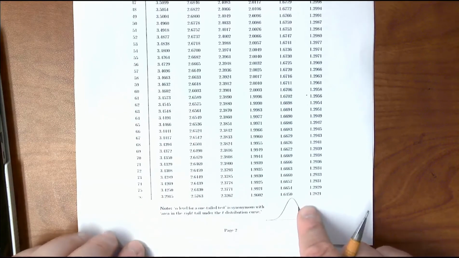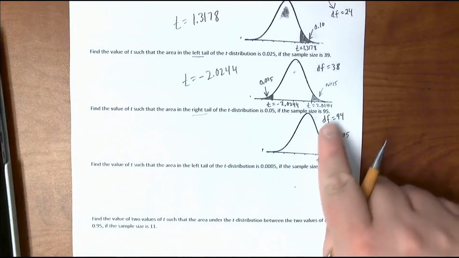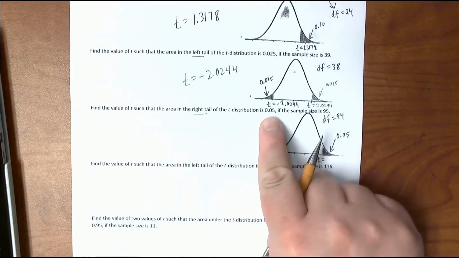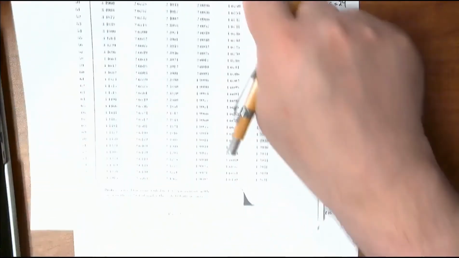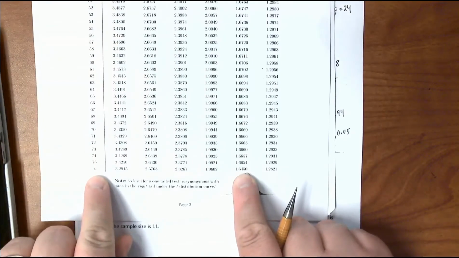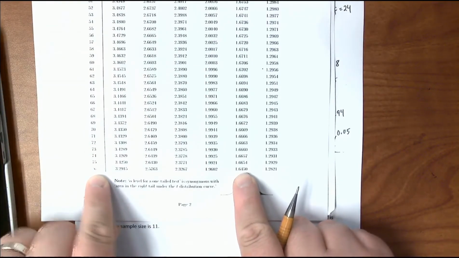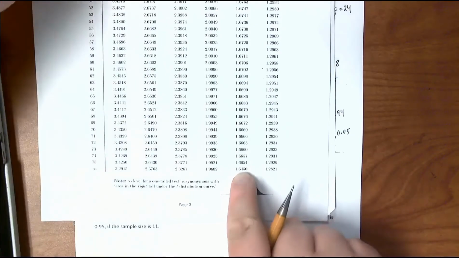Okay, so we're using the bottom row, the infinity row. And we are looking for the value of t such that the area in the right tail is 5%, 0.05. So we simply go to the 0.05, the second to last column, and we see that we get 1.6450.